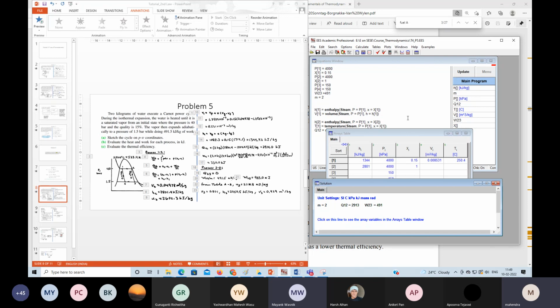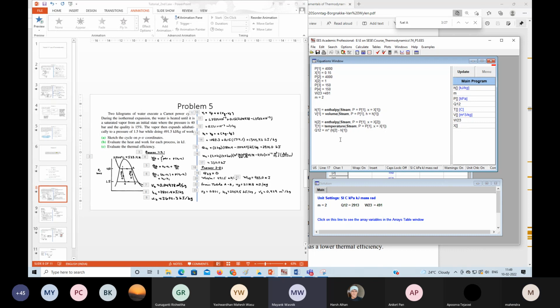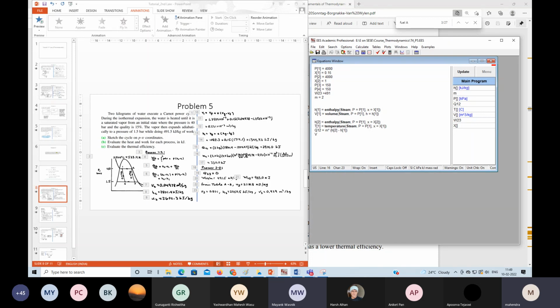And then what we need to do here? We need to calculate work also here. But for that, that is the PB work, right? So we need V2 also. V2 equal to volume. Let me take this.